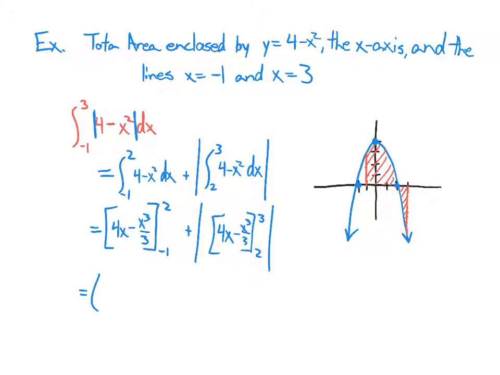So, if I plug in a 2, I get 8 minus 8/3. Minus, if I plug in a -1, I get -4 minus a -1/3. Bunch of negatives there. Be careful with that. Plus, and I'm doing a big absolute value here.